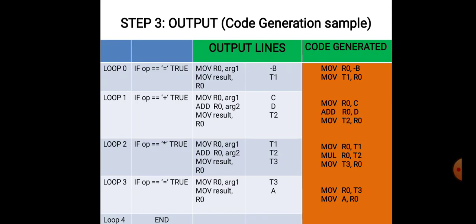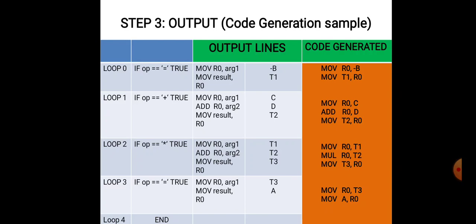So in the second sub expression, argument 1 is c. So we write move R0 comma c. Next we have add R0 comma argument 2. Here argument 2 means d. So we write add R0 comma d.